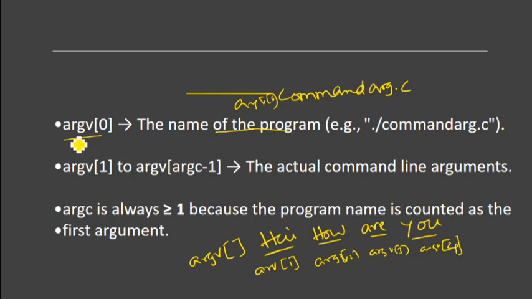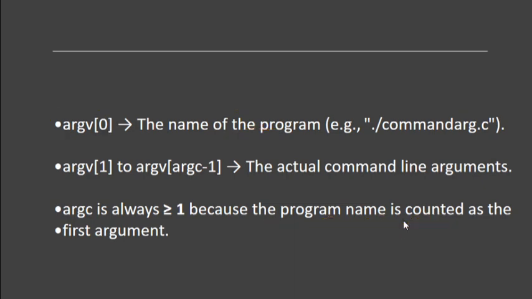So by default, the first argument is our program name, then the second, third, fourth, and fifth arguments follow. argc is always greater than or equal to 1 because the program name is counted as the first argument. For example, you are passing how are you.